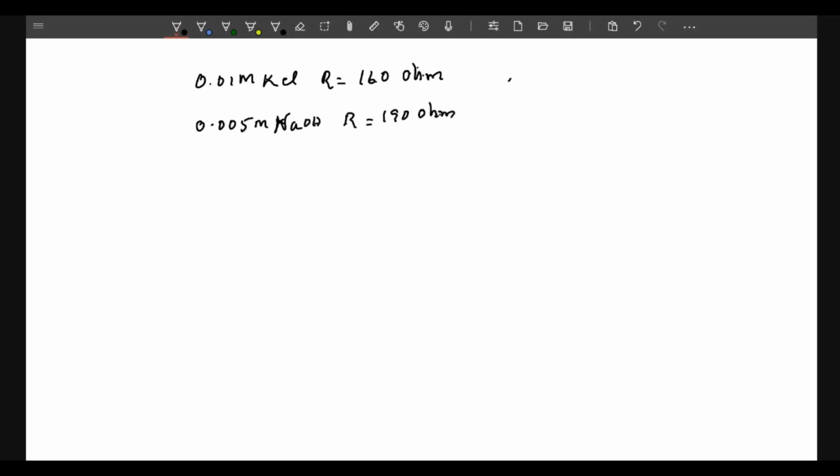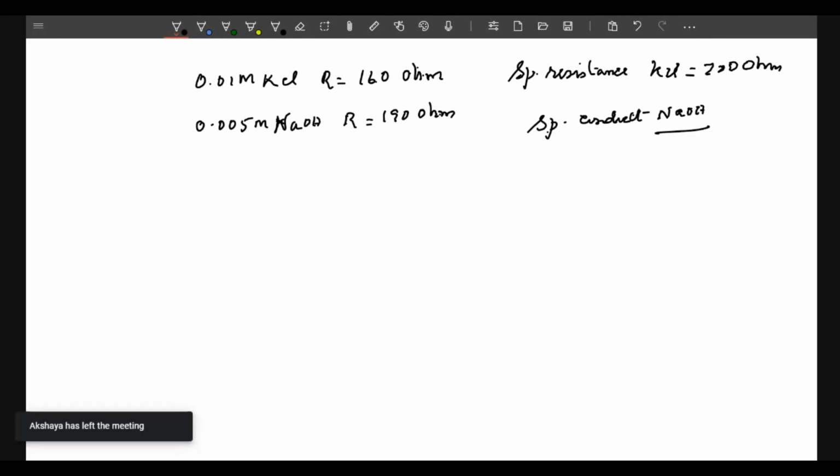If the specific resistance, here no specific conductance is given, specific resistance of potassium chloride is 700 ohm, what is the specific conductance of sodium hydroxide? They are all confusing. A lot of confusion is here.